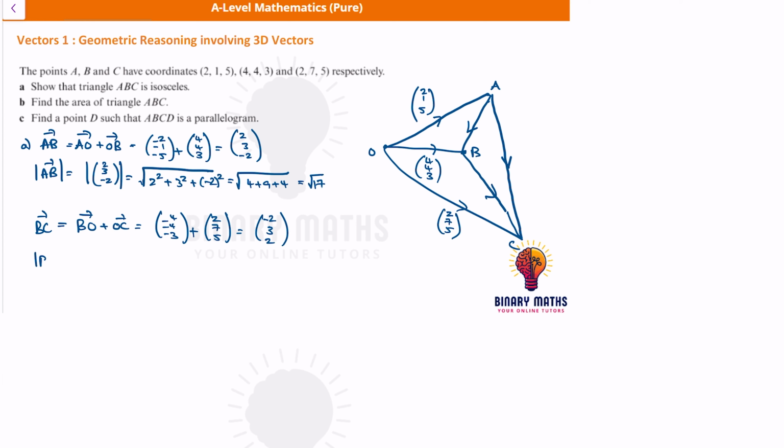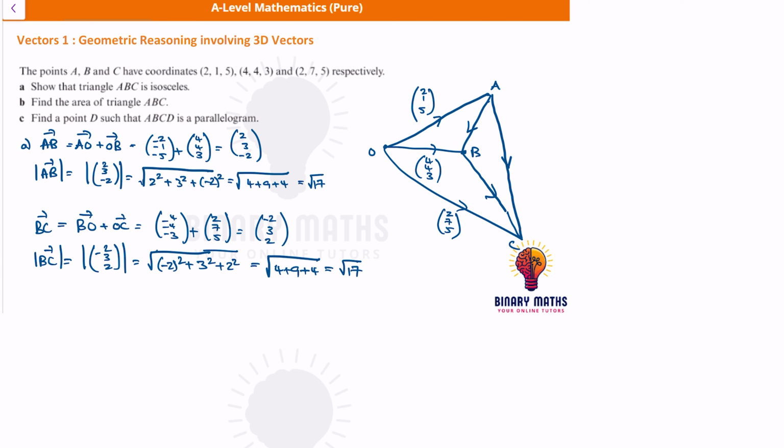So the magnitude of B to C is the magnitude of (-2, 3, 2), which is equal to the square root of (-2) squared plus 3 squared plus 2 squared, which is equal to the square root of 4 plus 9 plus 4, which is equal to the square root of 17.